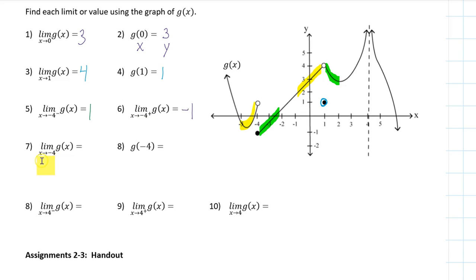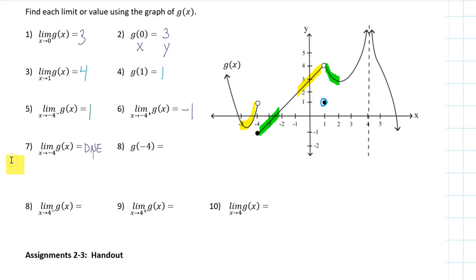So what's the limit as x approaches negative 4 of g of x? Well, if these two guys above were the same, I could say that the limit was 1 or negative 1. But because they're not the same, we would say the limit does not exist. Okay?